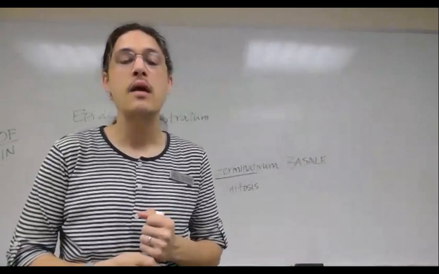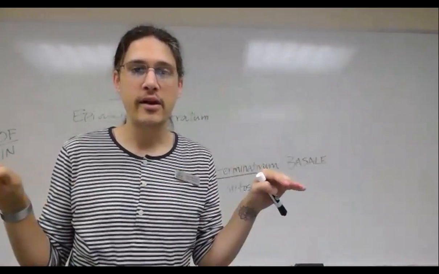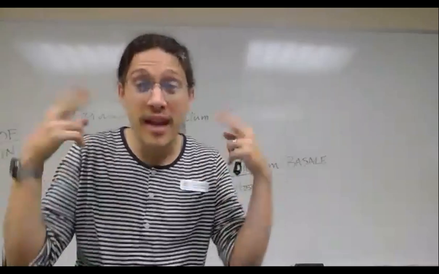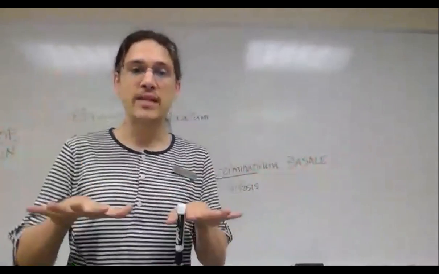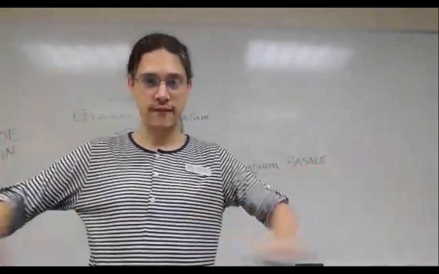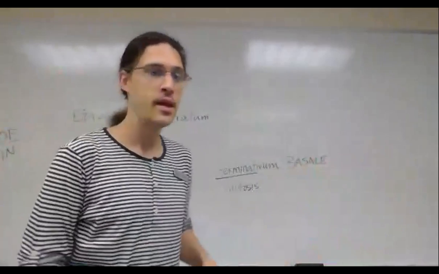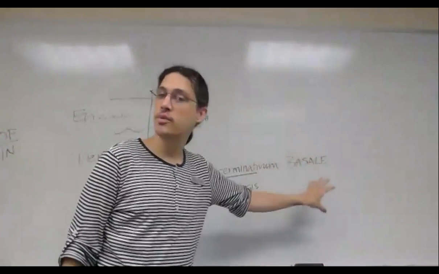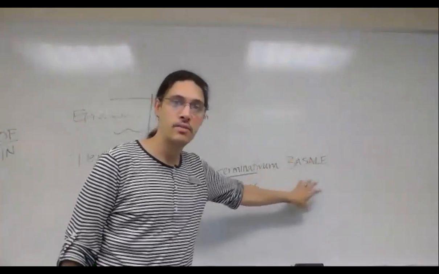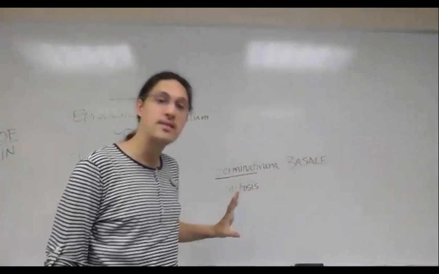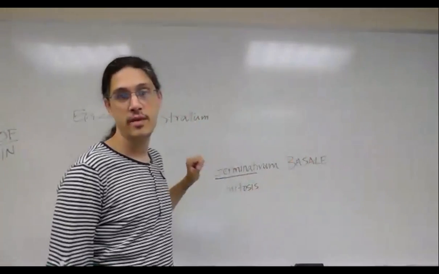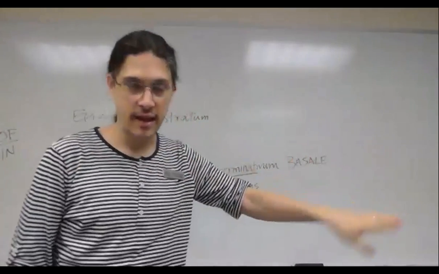Stratum basale means the basal layer, or like the base layer, or think basement. So the basal layer is like the basement. It is the first bottommost layer. These words are interchangeable. So we can say stratum basale, or we can say the basal layer, or we can say stratum germinativum. We are talking about the same thing.